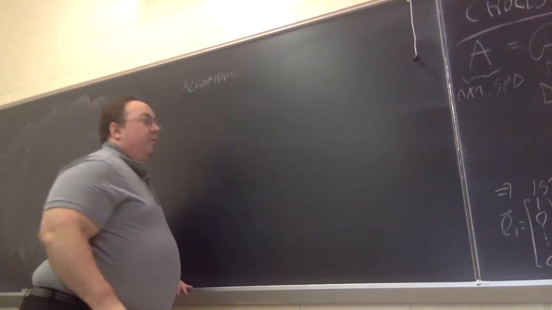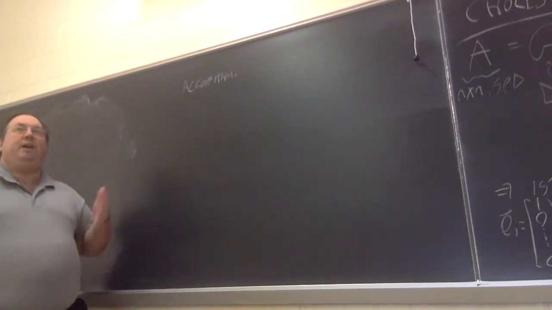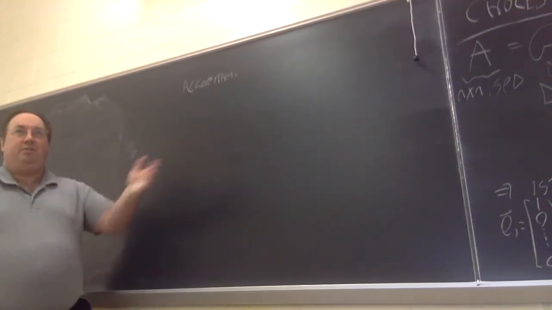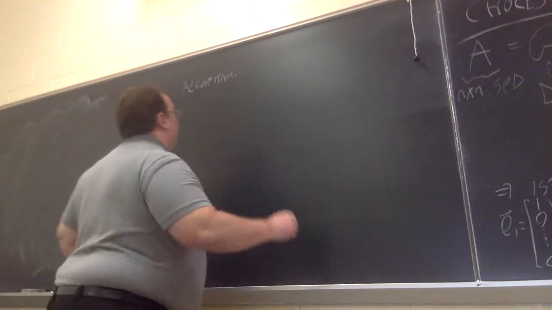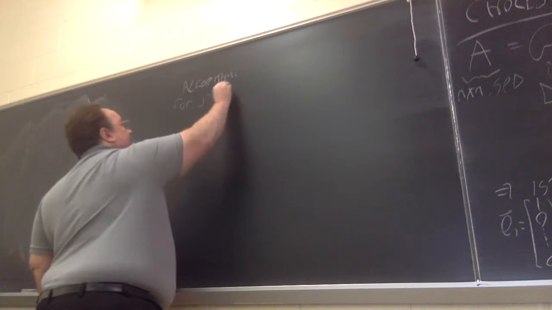Now, from what I've already done, you can see that we're proceeding from left to right, between G1, G2, and so forth, all the way to Gn. So I'm going to use j as my column index.